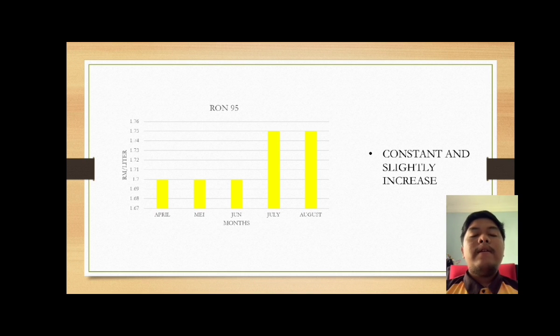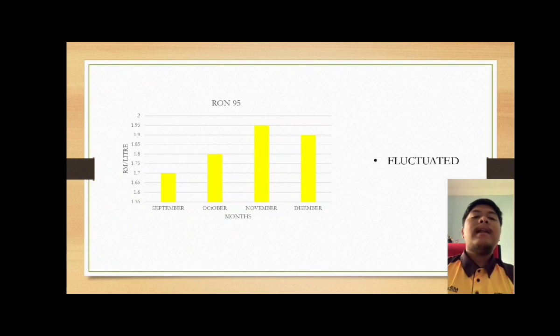And from June to July, we can see the graph is slightly increased from Ringgit 70 to Ringgit 75, and the total for July and August is Ringgit 75.